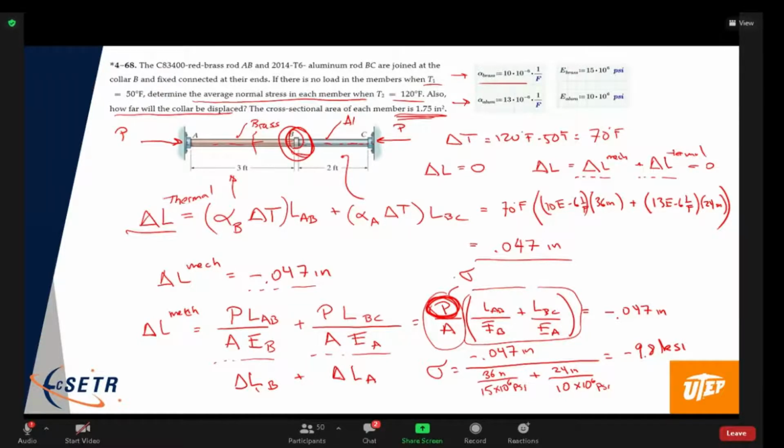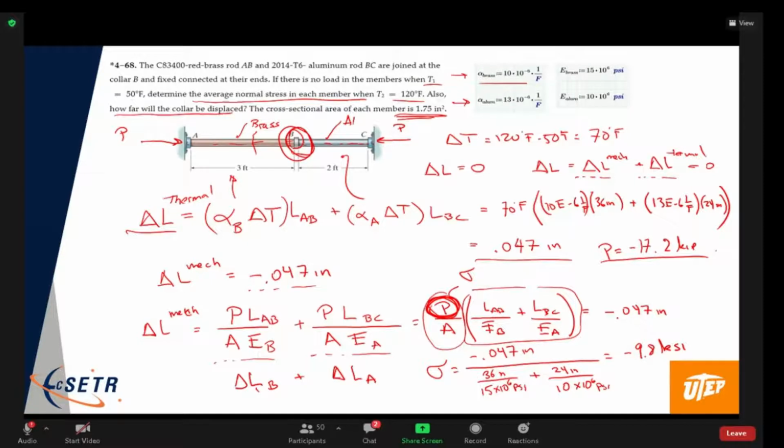Let's see what it is. So I get a compressive force P equal to minus 17.2 kips. Okay, that's the force.